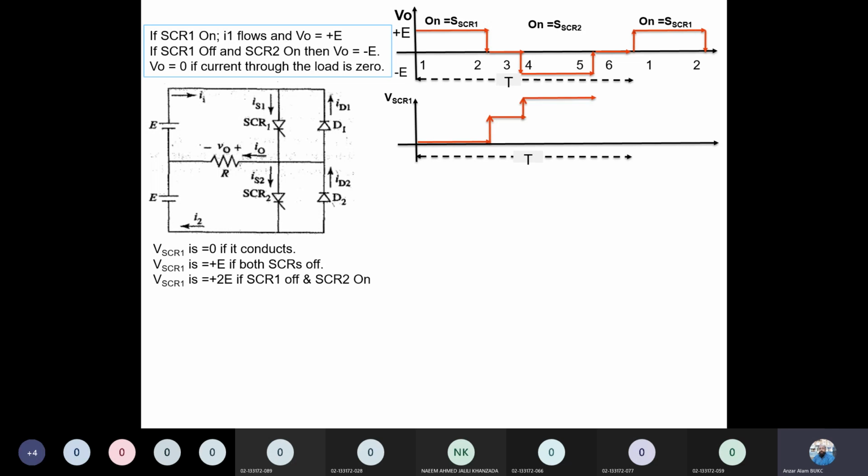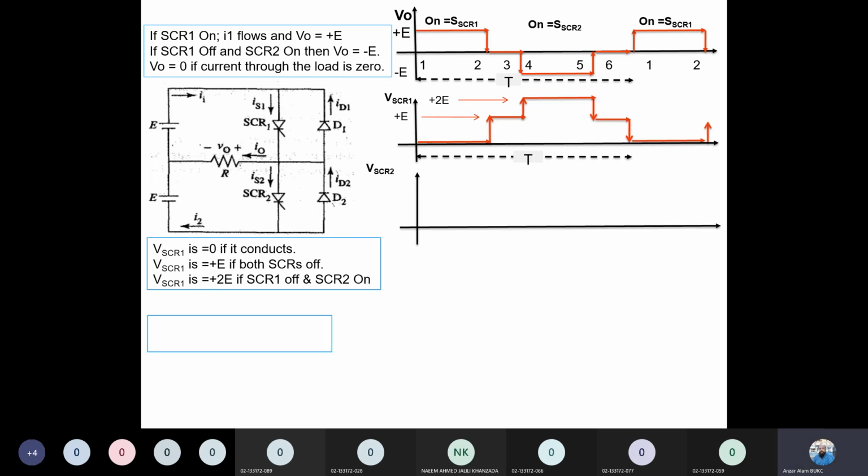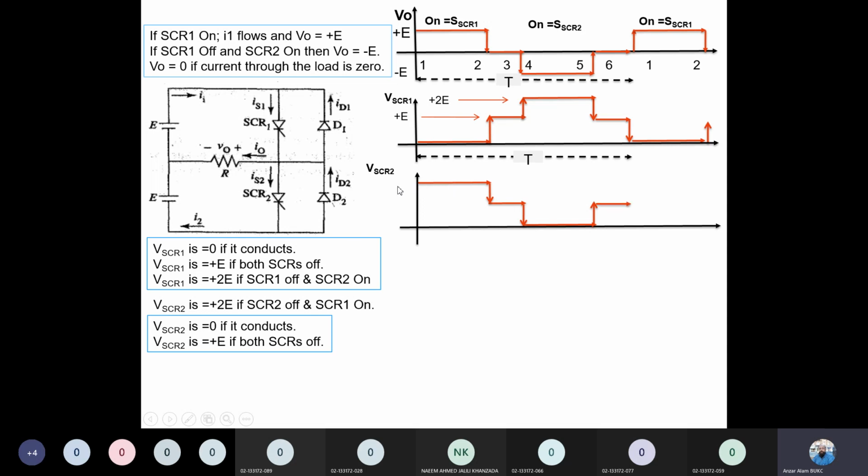बहुत ज्यादा टाइम लग गया यार। ये मैंने SCR1 के वोल्टेज ड्रॉ किए। इसी तरह से अगर आप ये बेसिक चीजें, टेक्निक समझ गए, तो SCR2 के भी आप वोल्टेज ड्रॉ कर सकते हैं। SCR2, ये जो SCR2 है, इसके क्रॉस वोल्टेज इस तरह बनेंगे, ठीक है ना। ये आप देखें, ये स्टार्ट होगा +2E से। So I am leaving these things to you.